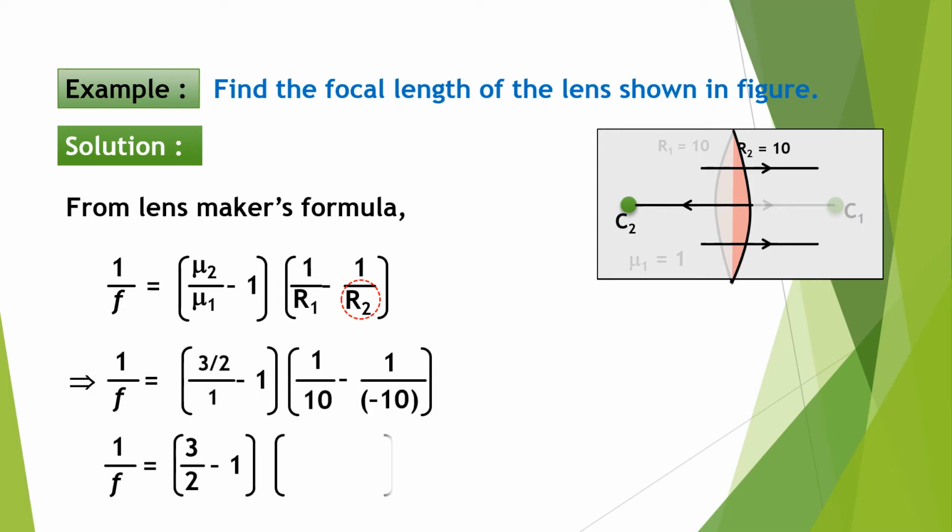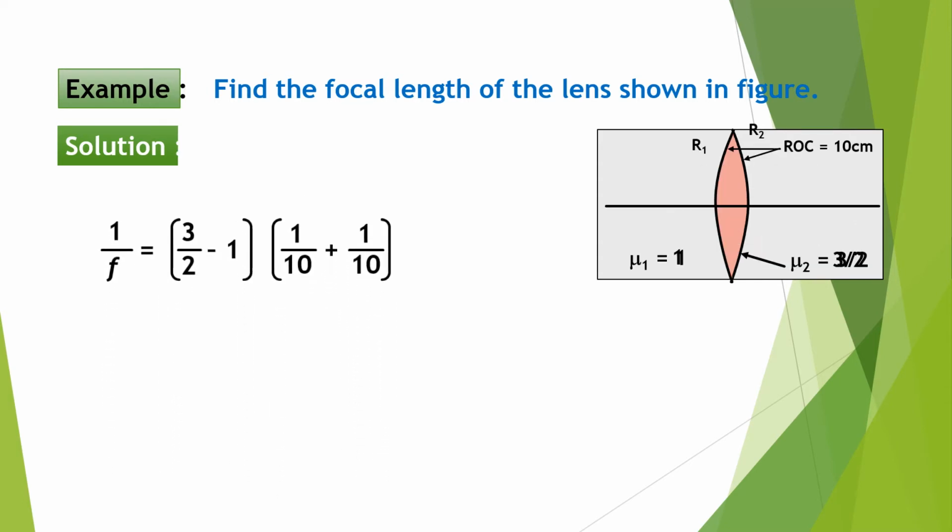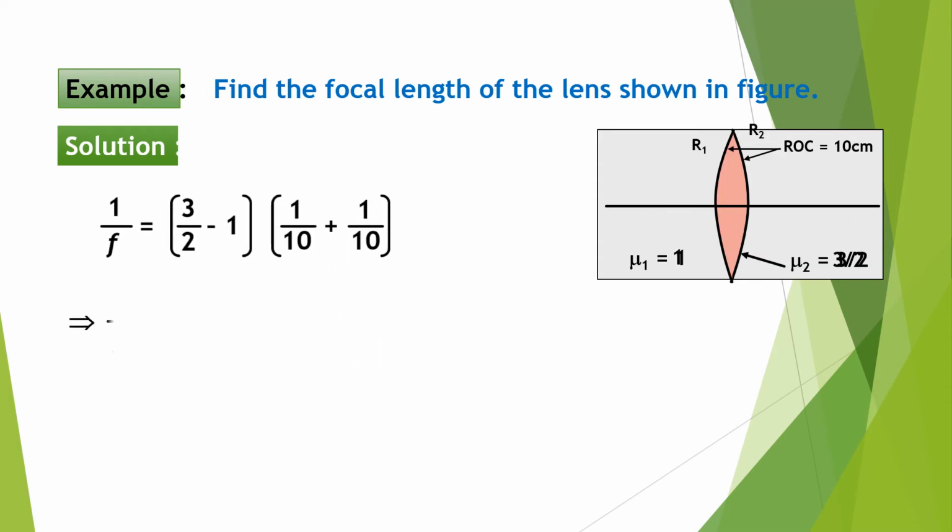This implies 1 by f is equal to 3 by 2 minus 1 multiplied by 1 by 10, minus of minus will become plus 1 by 10. By solving this, we get 1 by f is 1 by 2 multiplied by 2 by 10. 2 gets cancelled, so 1 by f is equal to 1 by 10. This implies f is equal to 10 centimeter.